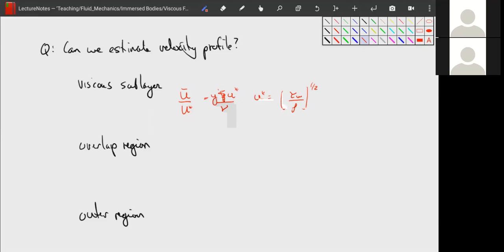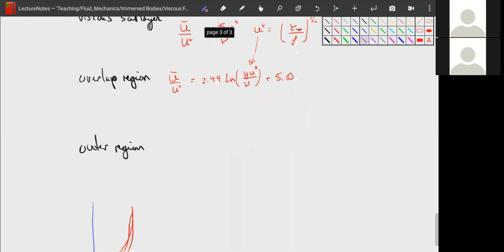There's an overlap region, that transition region, where our velocity profile then is equal to U bar over U star, which is equal to 2.44 times the natural log of y U star divided by nu plus 5.0. Again, where U star is equal to this, so we just plug that into there. And we have an outer region. By the way, this is fitted experimentally.